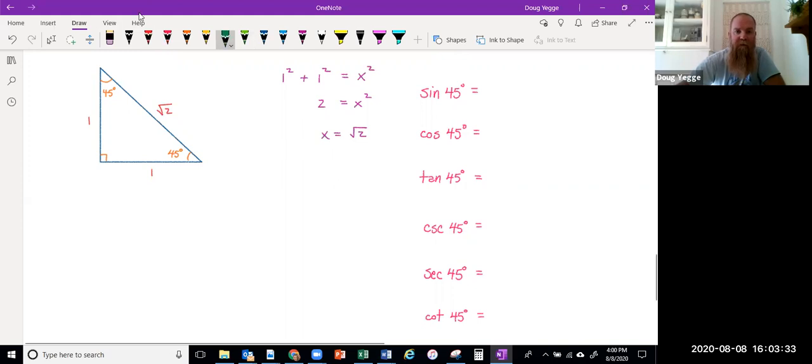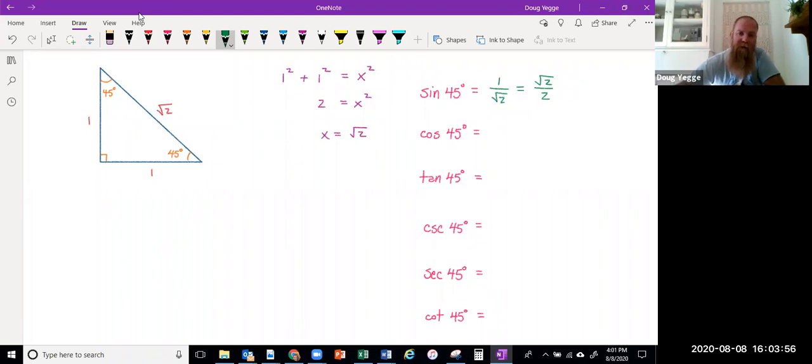And so sine of 45 degrees is going to be opposite over hypotenuse. But since we rationalize the denominator, the more common value is root 2 over 2. So this is, again, the ratio of the y value compared to the hypotenuse.